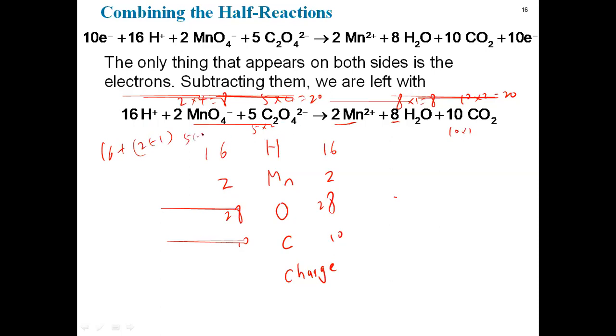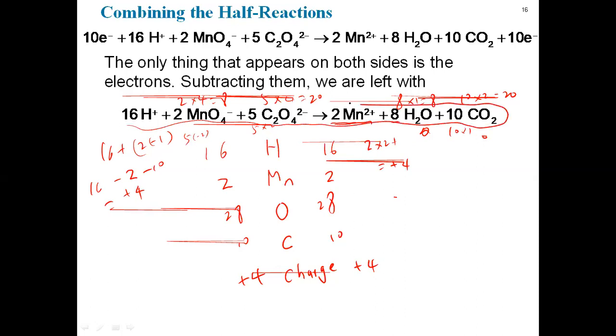So 16 minus 2 minus 10 equals what? Plus 4. So we have plus 4 on the left. How much charge on the right? Here 2 times 2 plus equals plus 4. There's 0, there's 0, so plus 4. Okay, so therefore we confirm this equation is balanced for all atoms, and also balanced for the charge.